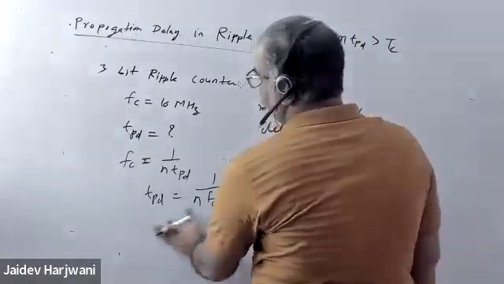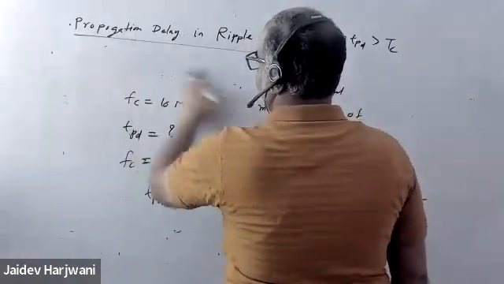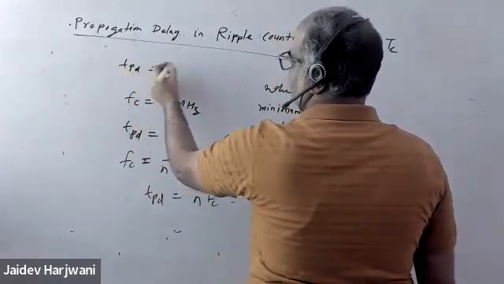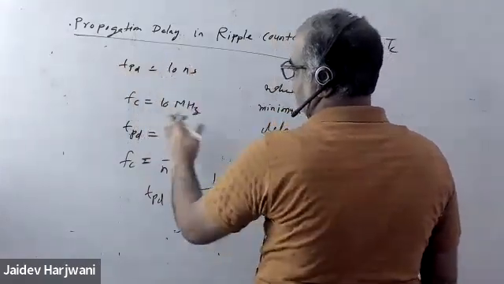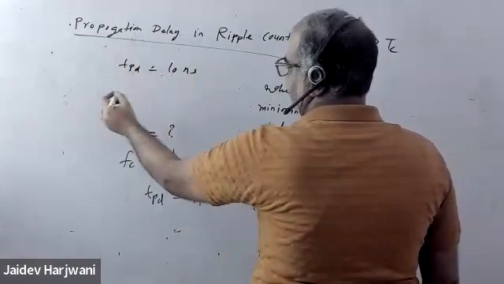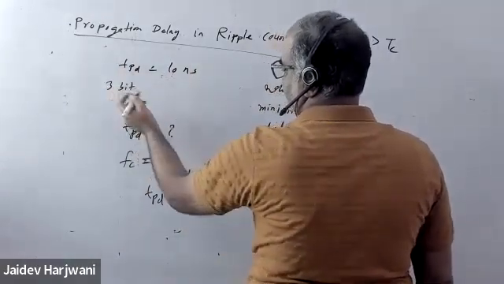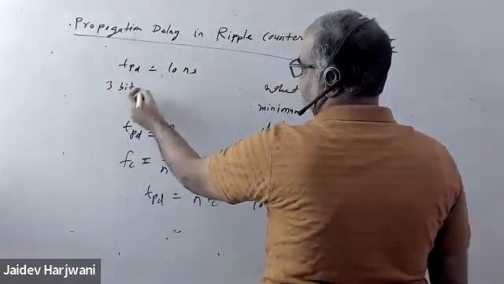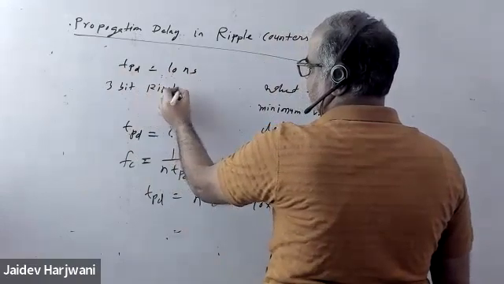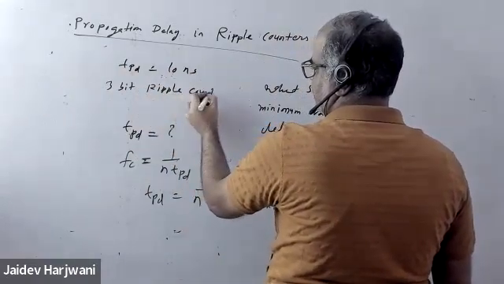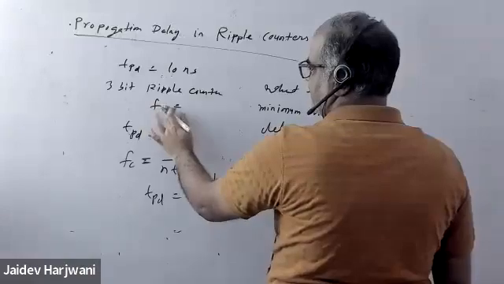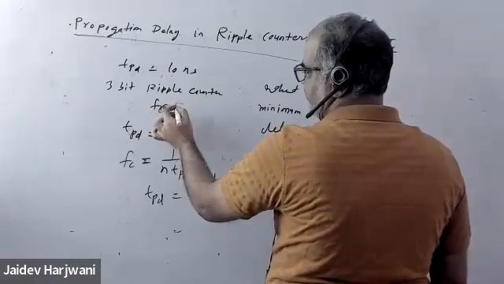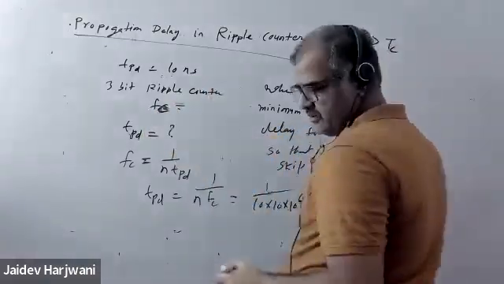I'm giving you TPD equal to 10 nanoseconds. Now for a 3-bit ripple counter, what is the maximum frequency of operation? What is FC? Tell me. Calculate.